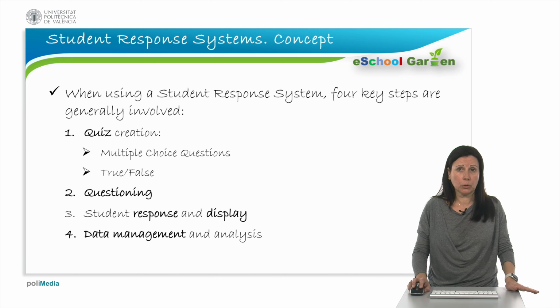Next, the audience uses the students' response system to answer these questions. Once this process has finished, the system tabulates and graphs the responses so that they can be displayed. Finally, students' responses can be exported for further analysis and assessment.